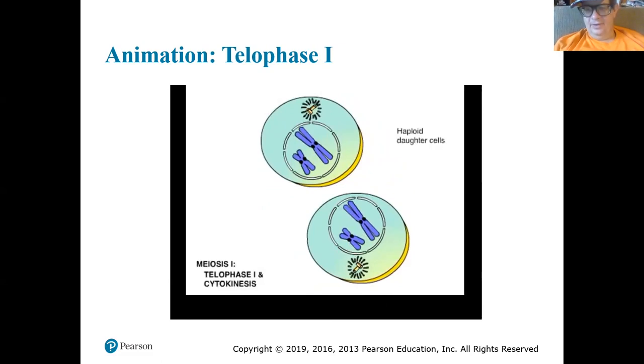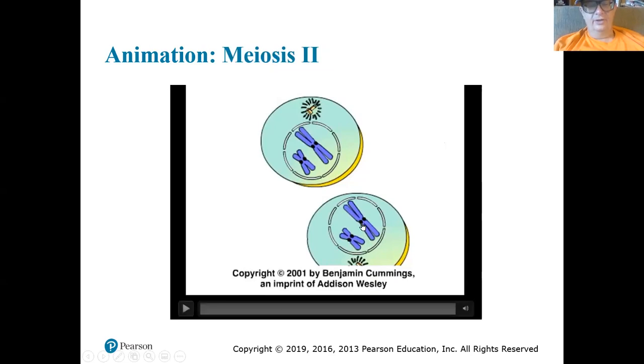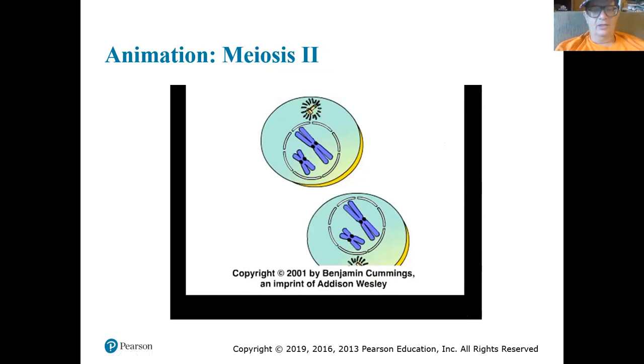All right. So now let's do meiosis 2. Remember, meiosis 2 is almost exactly like mitosis. We're going to line up single file down the metaphase plate. We're going to tear the double chromosomes in half.